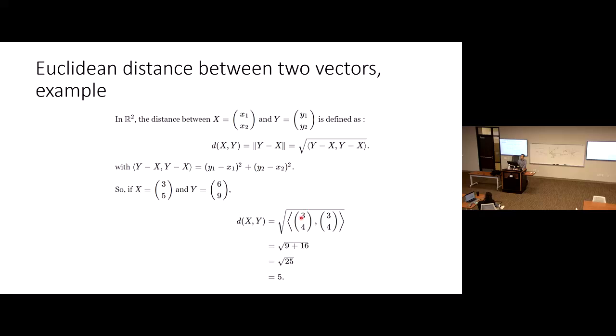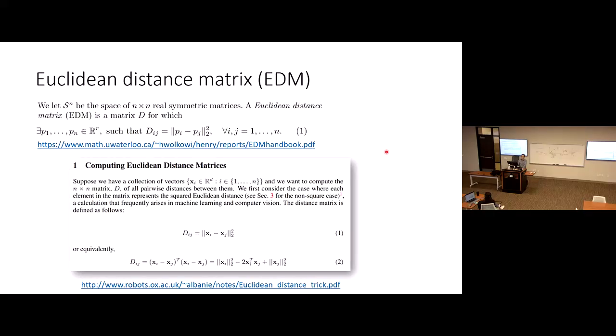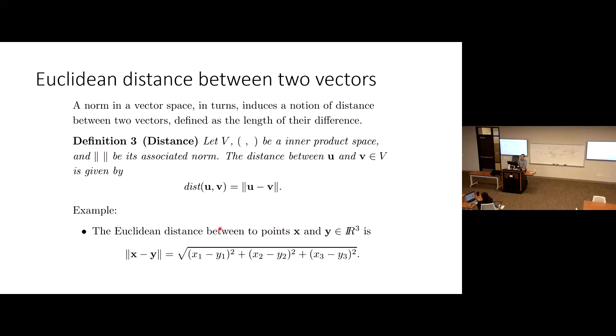This is an example. So you have a position 3,5 to 6,9, then this difference. This formula looks awesome, and it's just the same as this one.